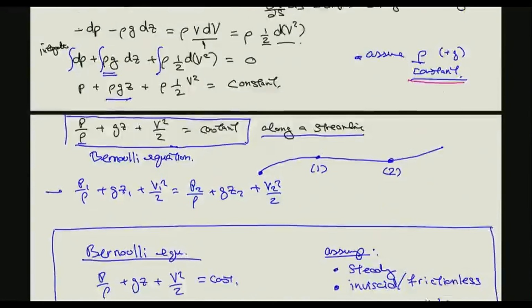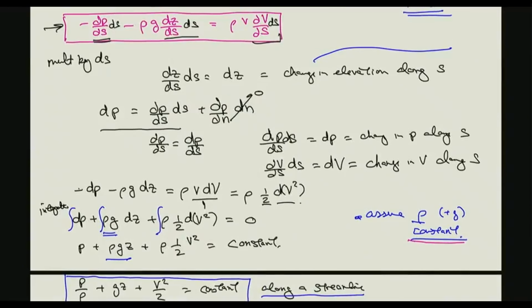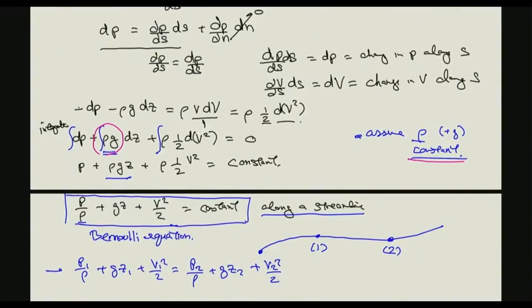The other thing, we could consider density varying, so a compressible form, at this point when we integrate this term, or if we first considered going back to this term. Yeah, if we considered this, let me write dp over rho, so divide through by rho, plus g dz plus dv squared over 2.